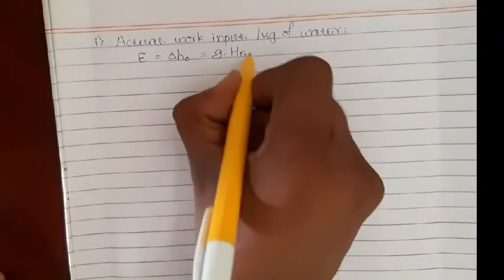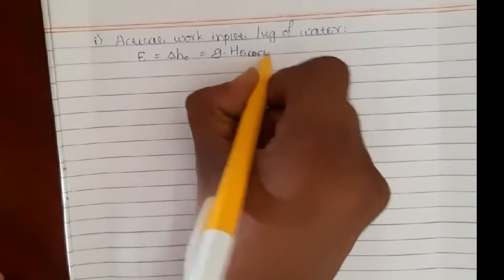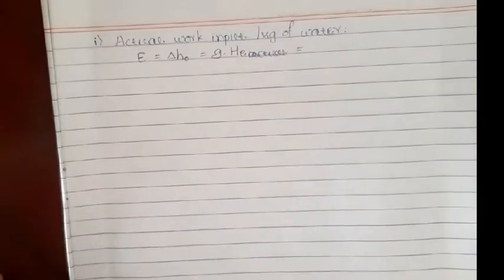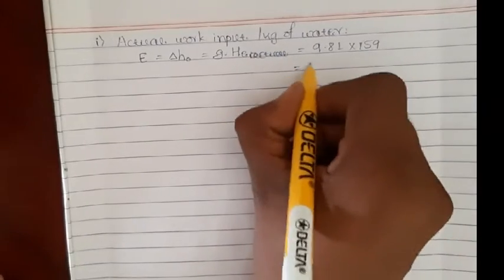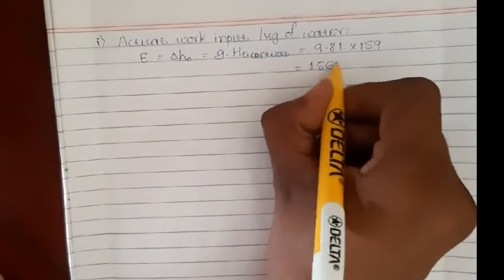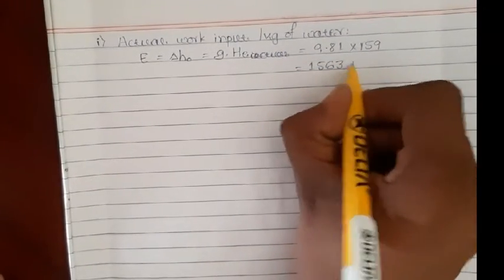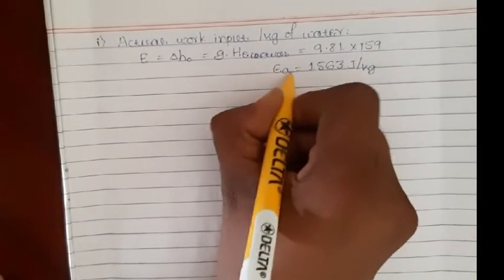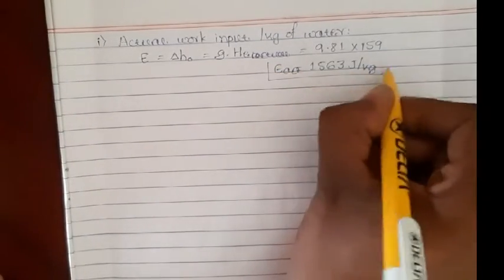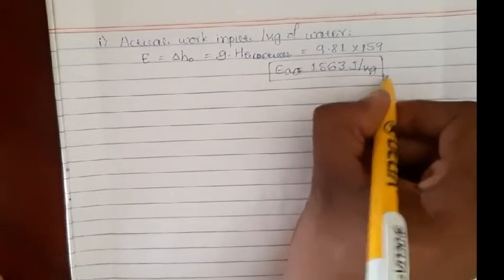But which Euler's head? The actual Euler's head, not the ideal one. So it becomes 9.81 into 159 meter, which is 1563 joule per kg. This is the actual work input by the pump per kg of water.